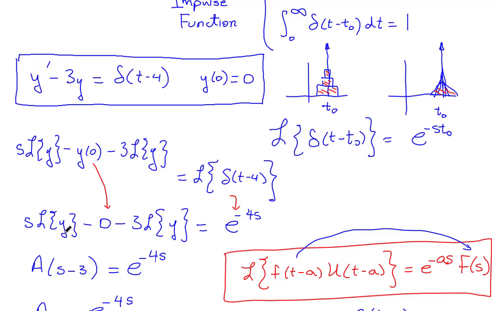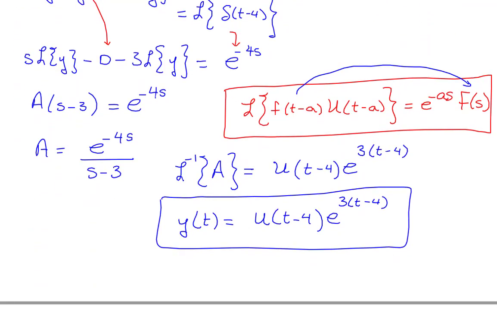Alright, so we clean things up. I call the Laplace transform of y A, group things together. And then we divide by s minus 3. And so here is the thing that we need the inverse Laplace transform of.